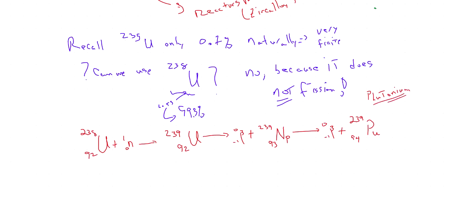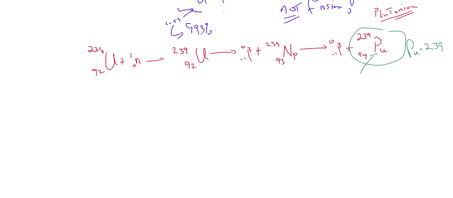And so we call this stuff plutonium-239, Pu-239. And this stuff, yes, can be fissioned. So we'd have the same picture for this. A neutron comes in, hits the plutonium-239.